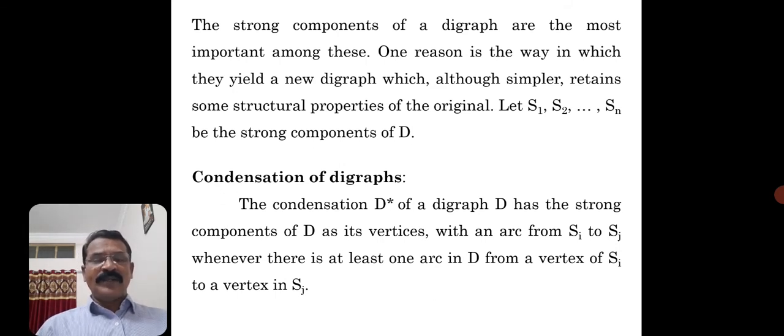The strong components of D are considered as vertices of a new graph in which two vertices Si and Sj are adjacent whenever there is at least one arc in D from a vertex of Si to a vertex in Sj. Such a graph is called the condensation of a digraph.